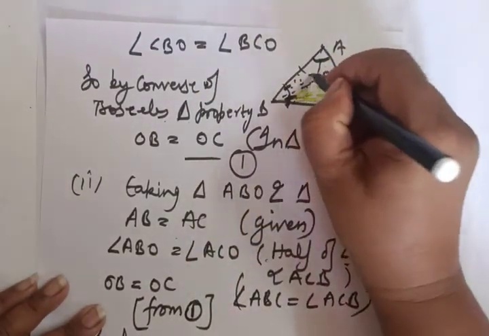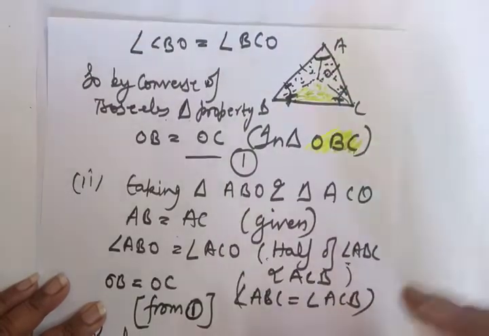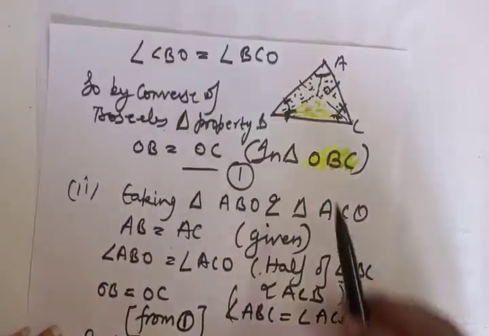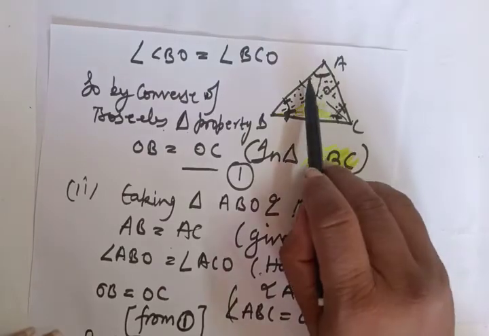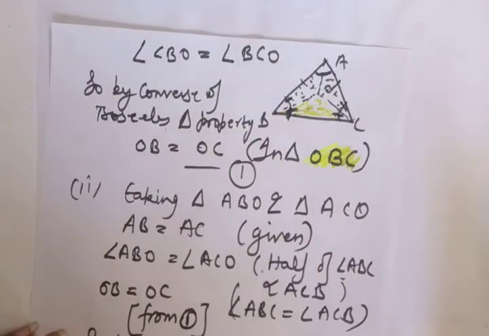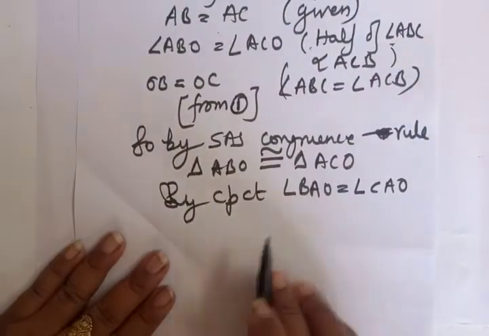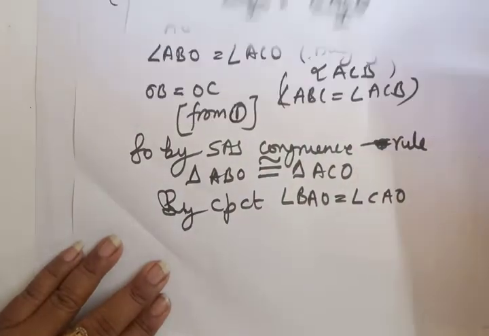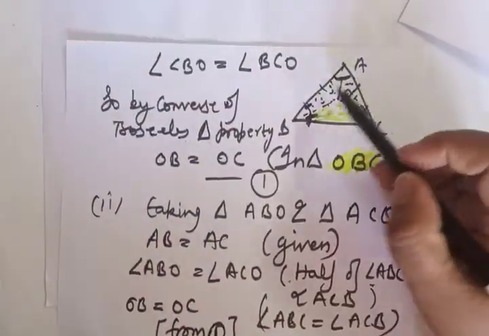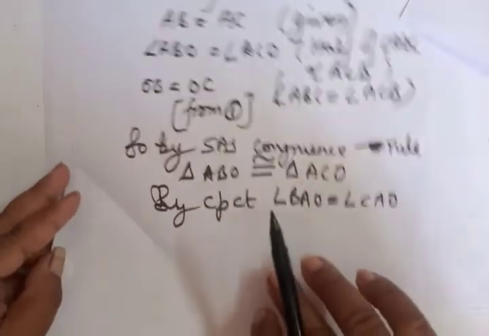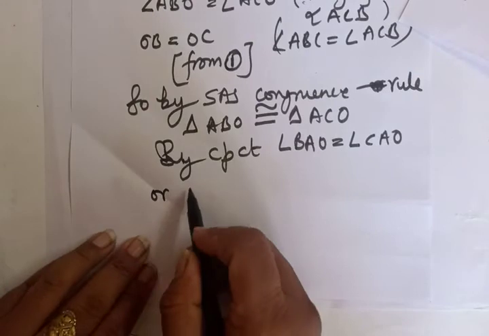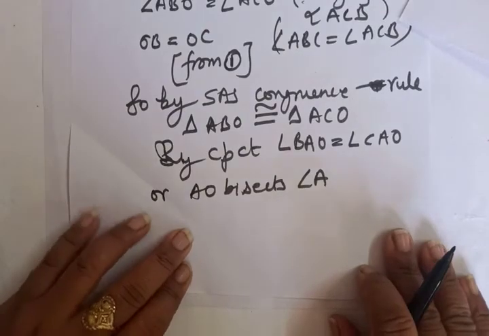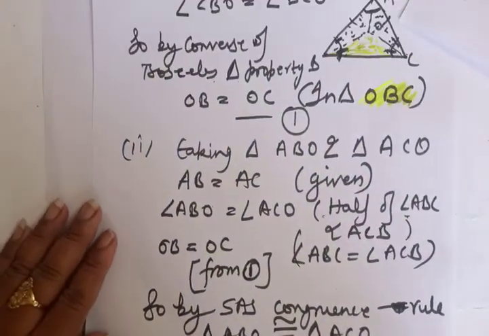Since we have proved these two triangles, these dotted ones, are congruent to each other, that is we have written here triangle ABO is congruent to triangle ACO, and by CPCT the corresponding parts of congruent triangles are also equal, so by CPCT angle BAO is equal to angle CAO, or we can write AO bisects angle A. Clear? Thank you, students.